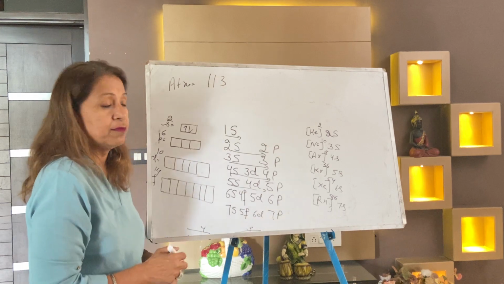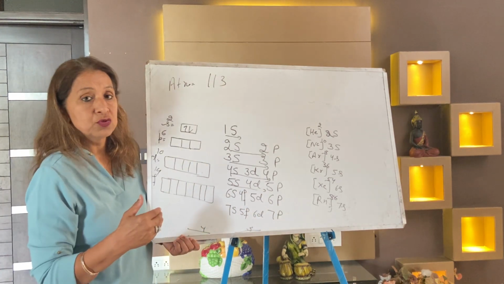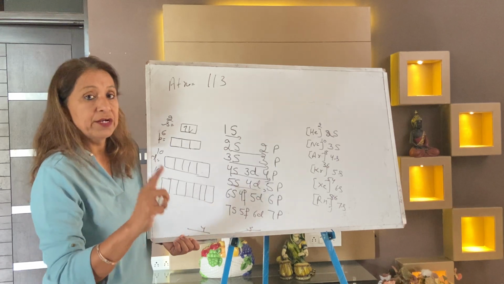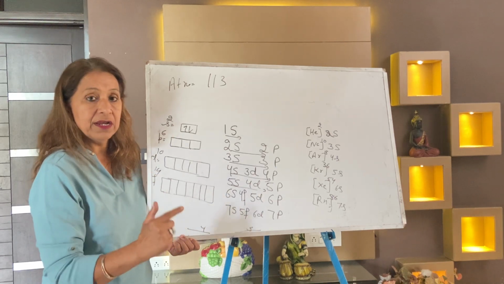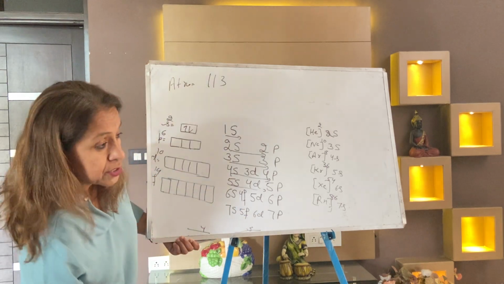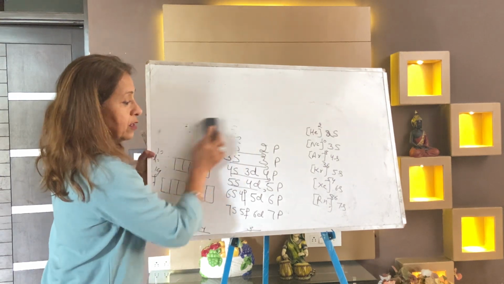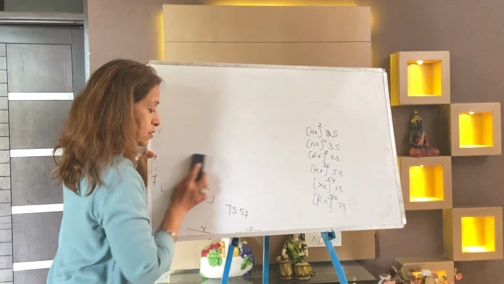So now I'm going to speak: helium 2 outside 2s, neon 10, argon 18, krypton 36, after that xenon 54 and radon 86.